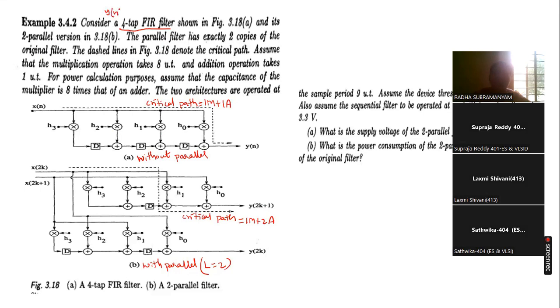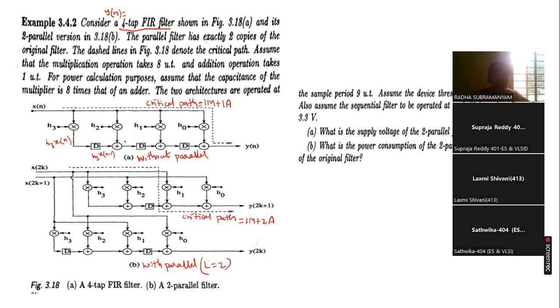Y of n equals H0 into X of n. Next H1 into, we are having delay units. Here it will become H3 into X of n, then it is having a delay, H3 into X of n minus 1.